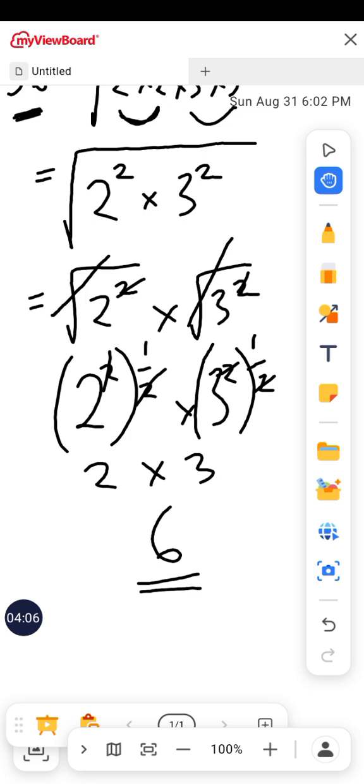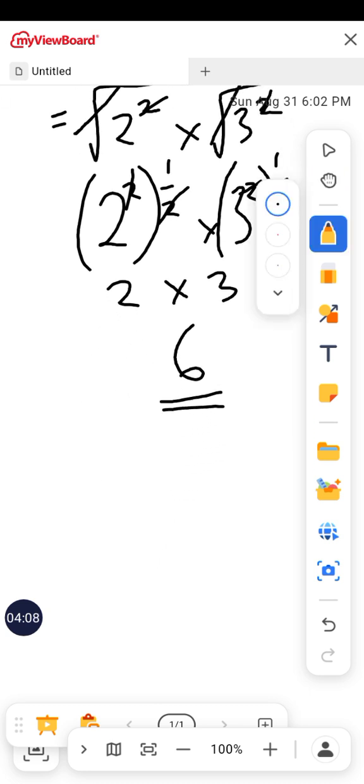So let's look at another example. Example 2. Those numbers that you can find their square roots are called perfect squares.